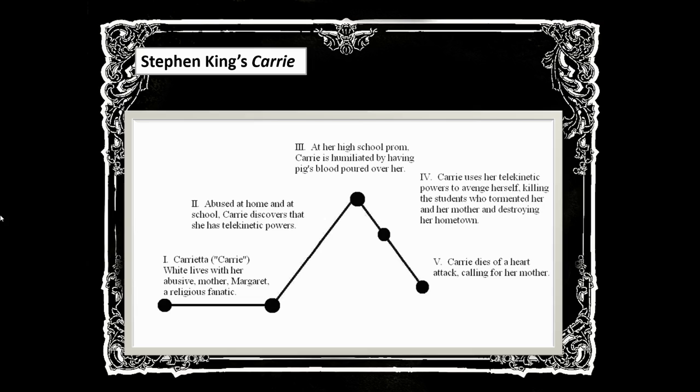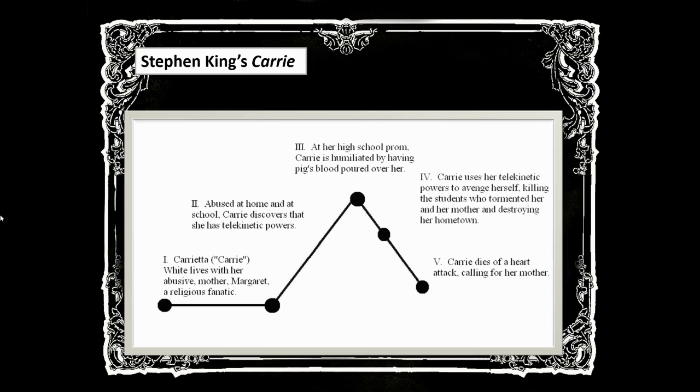So that's what you get at the beginning of the story. Abused at home and at school, Carrie discovers that she has telekinetic powers. So, the rising action is that she has an abusive home life, she's picked on at school, but then she discovers that she can move things with her mind. She has these powers.